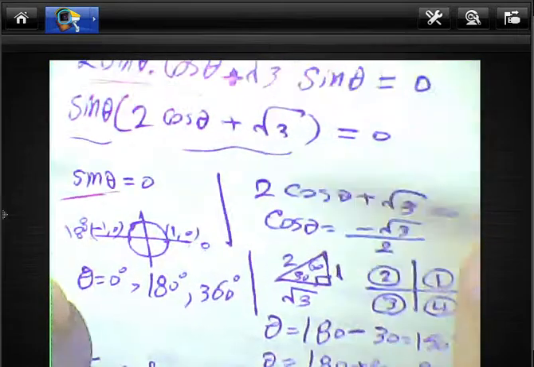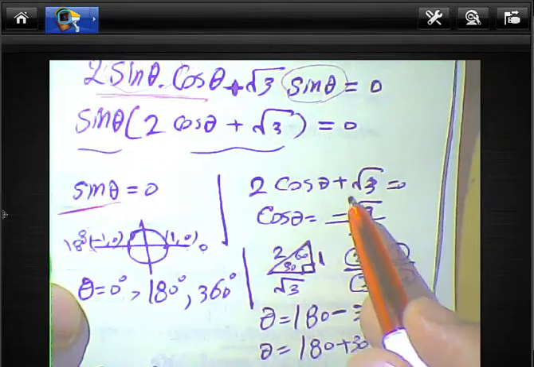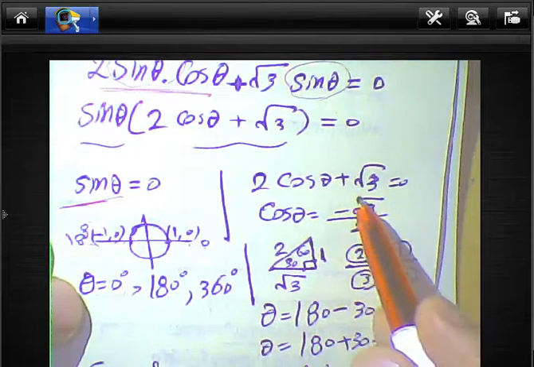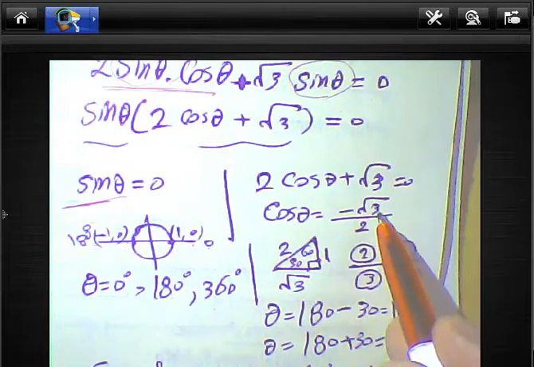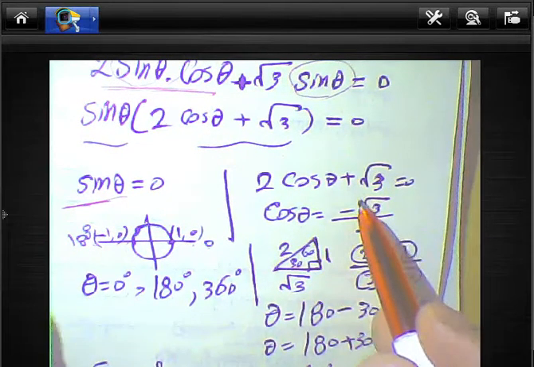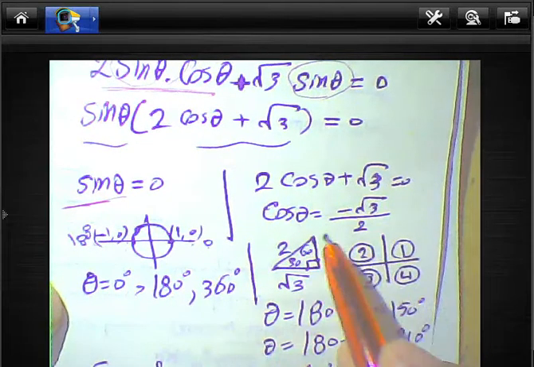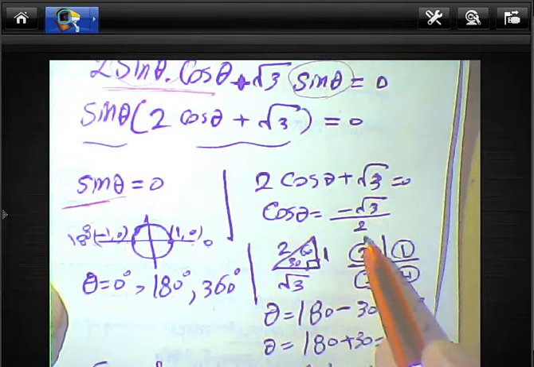Okay, and what about 2 cosine theta plus root 3 equals 0? We can move the root 3 from the left hand side to the right hand side and the sign becomes negative, then divide by 2, so cosine theta equals negative root 3 over 2.